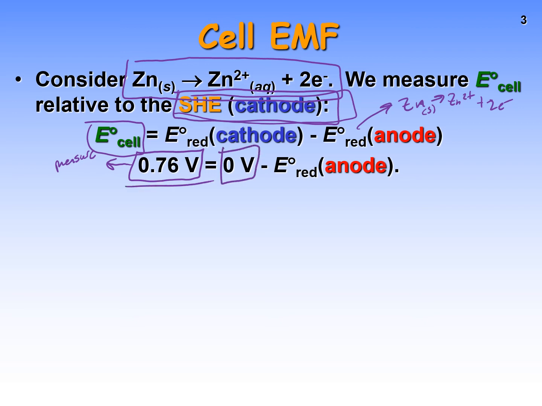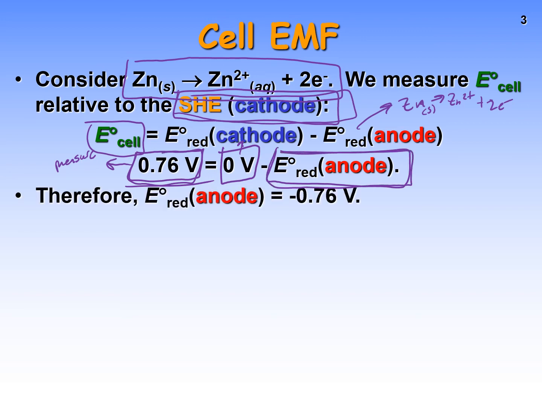Then we go, hey, there's my SHE. It's the cathode. Here's my anode. And since this is a positive value, that means this value must have been negative. We can just rearrange. We get that the standard reduction potential for this zinc reaction is negative 0.67 volts.